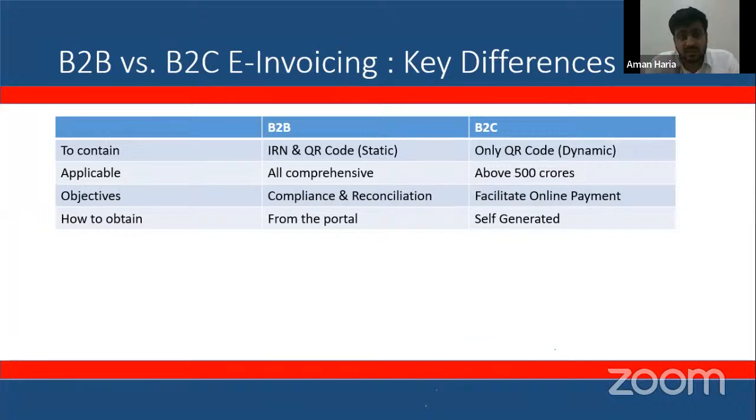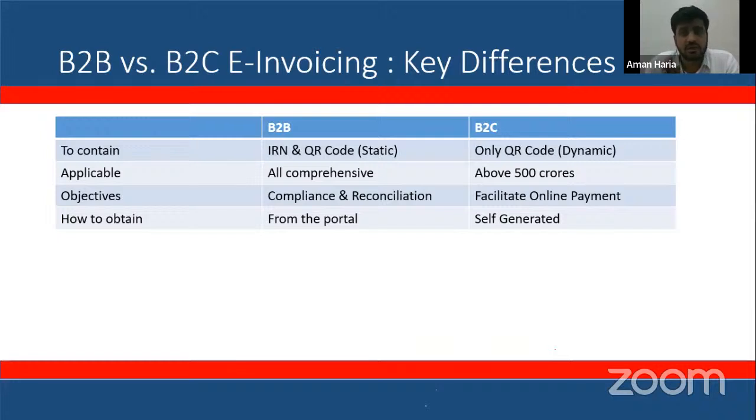Now, the same thing with respect to B2C e-invoicing. It is basically a dynamic QR code, which majorly covers payment details when you are issuing an invoice to B2C customers. However, let me again clarify that we are not covering B2C e-invoicing provisions right now, because they are applicable only for entities having turnover above 500 crores.